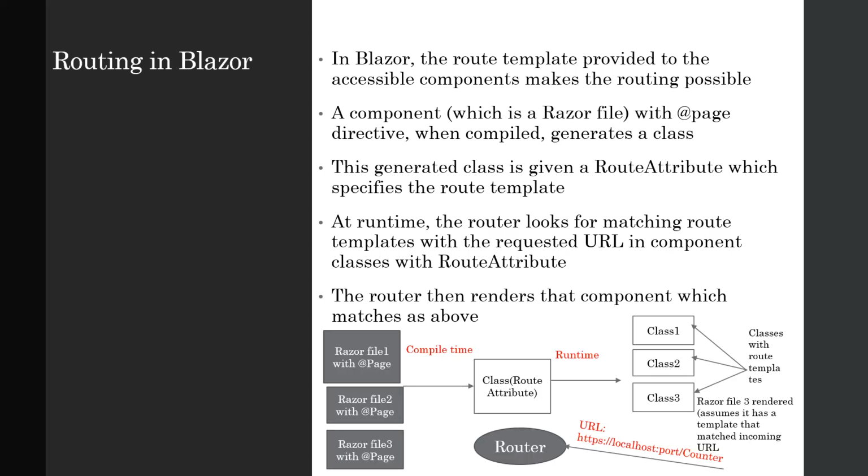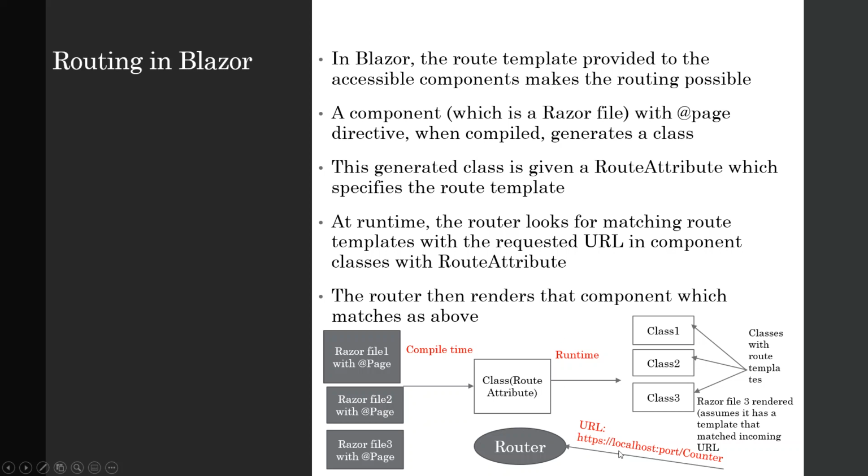So, a little bit of theory first. In this diagram, at compile time, the router will receive several Razor files with the @page directive and compile them into classes with a route attribute.